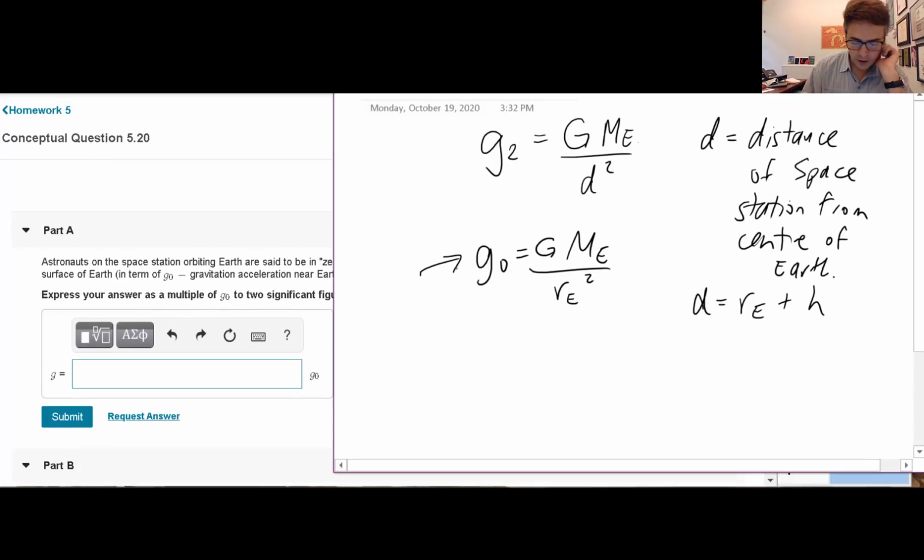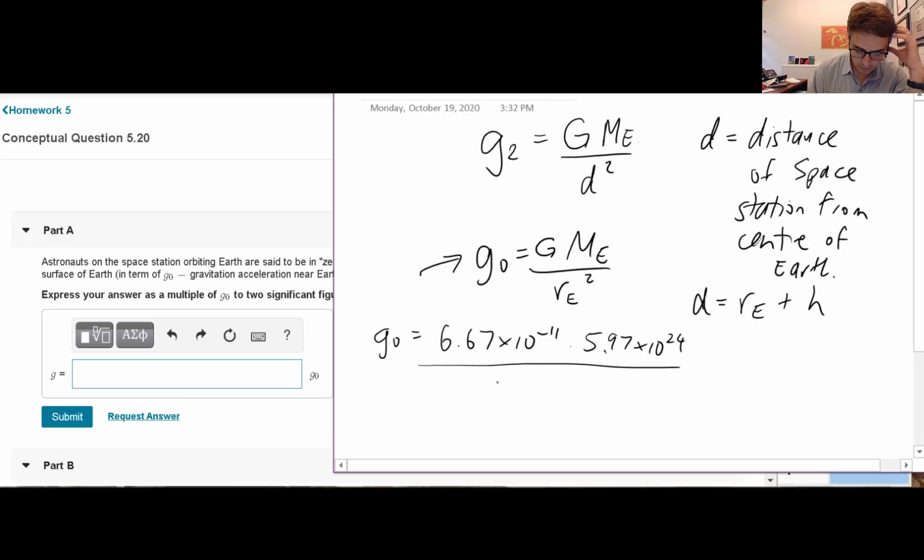Okay, so g0, I guess what we're going to do is just compute g0 is equal to 6.67 times 10 to the minus 11 times 5.97 times 10 to the 24 kilograms divided by the radius of the Earth, which is 6370 times 10 to the 3, all squared. I get 9.81 when I do that.